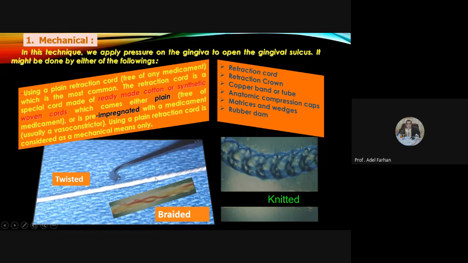This cord is either plain, free from any medicament, or with medicament. Now we are talking about the plain one, free from any medicament, so it gives us a mechanical action. As we said, there are different ways to retract the gingiva. The most common way is to use, as we say, the retraction cord.